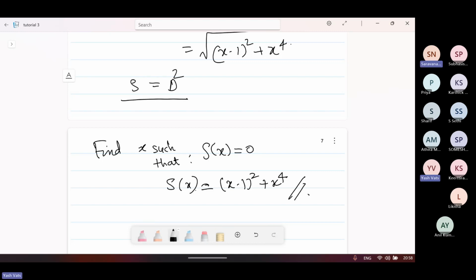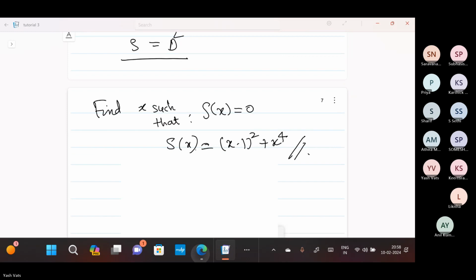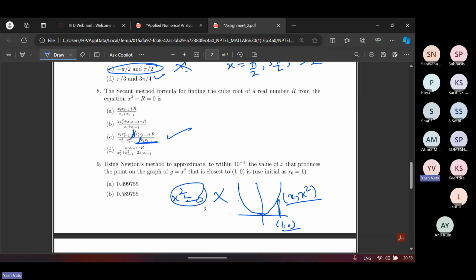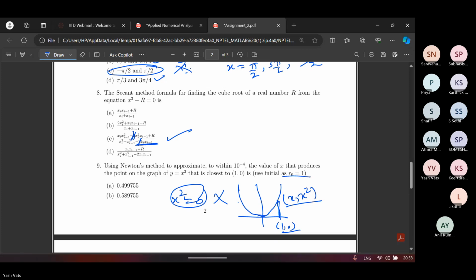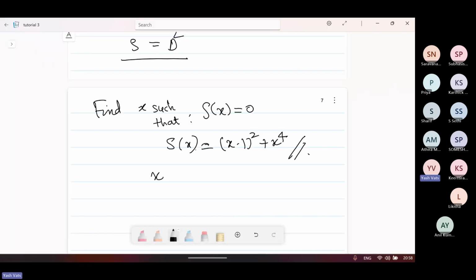Tell me how to find it. Just start with the first initial guess. They have said x naught is 1. So x naught is 1, and you try to find x1, which is x naught minus f of x naught by f dash x naught.